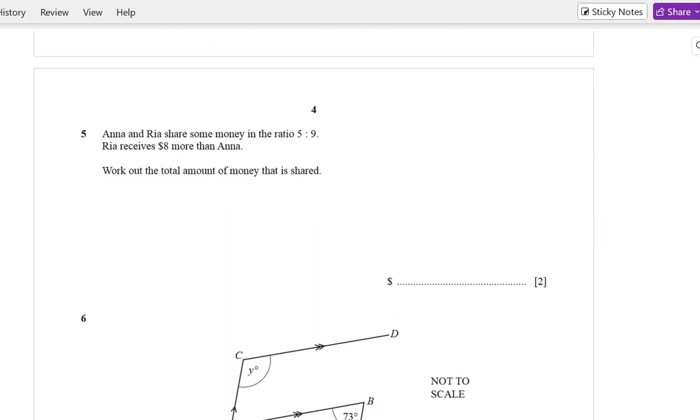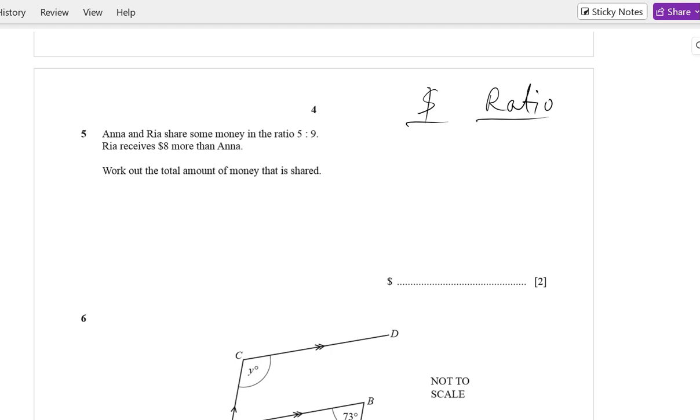Alright. Anna and Ria share some money in the ratio. Ria receives 8 more than Anna. Work out the total amount of money that is shared. Okay, so we have dollars and we have a ratio.